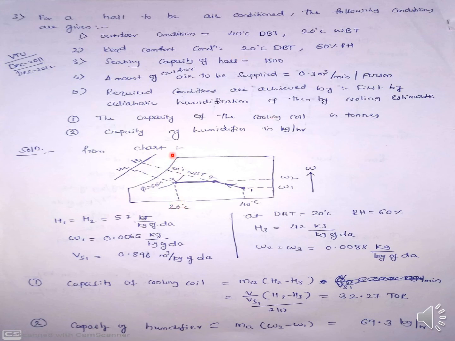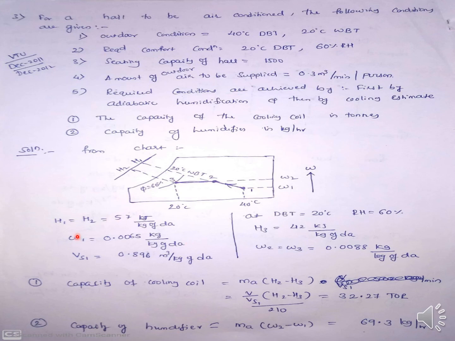So draw the straight line at 20 degree, and where 60 RH cuts, you will get the point. Then draw the second point, which gives the third point. You cannot just join these directly, because first the humidity needs to increase, then you need to cool it, right?